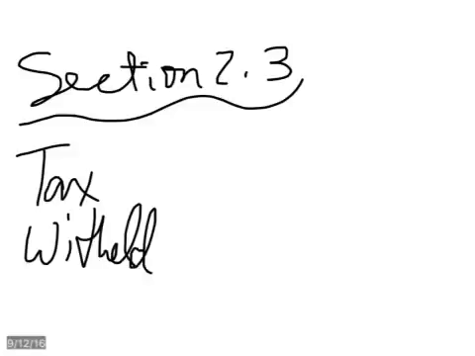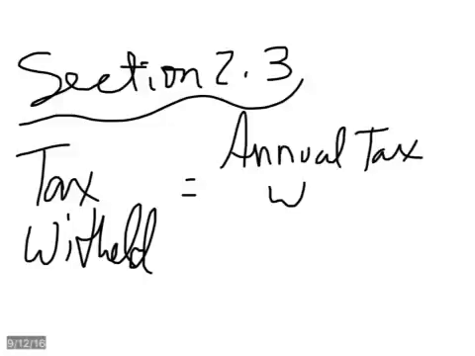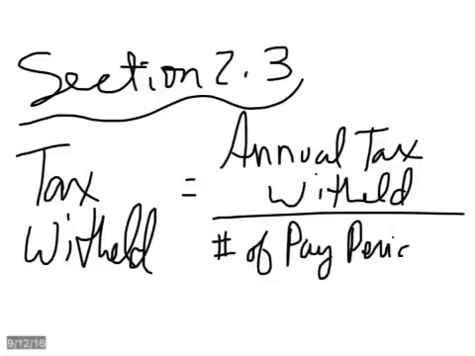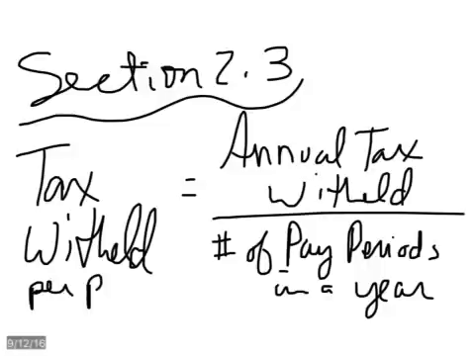The tax withheld equals the annual tax withheld divided by number of pay periods in a year. And they're referring to per pay period.